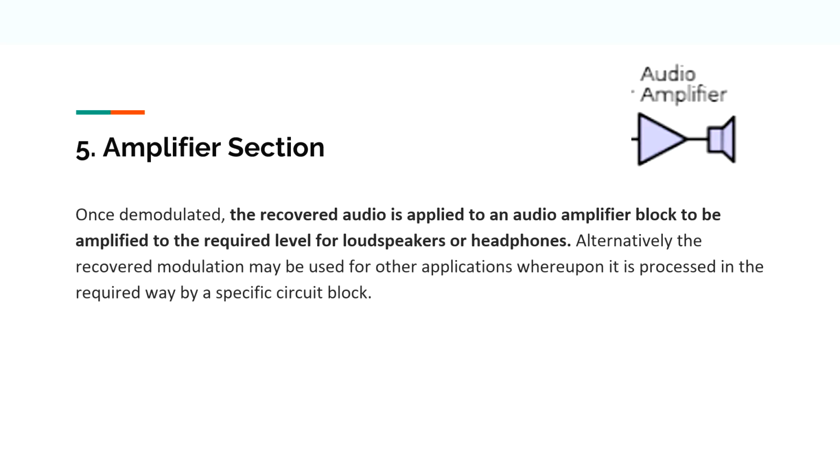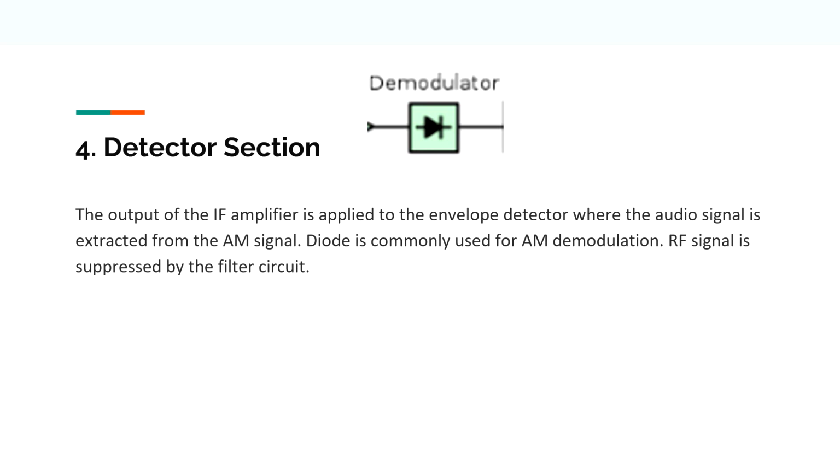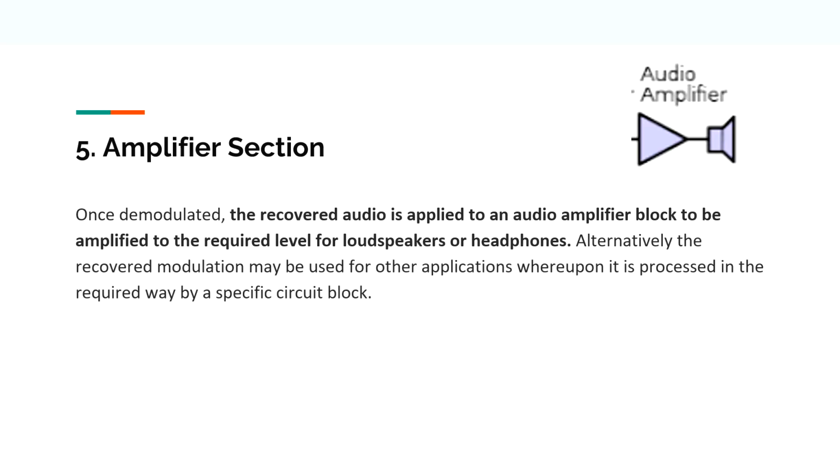The last one is the amplifier section. Once demodulated, we will get back the message signal, but the signal is still low in magnitude. So to amplify it, we use the audio amplifier.